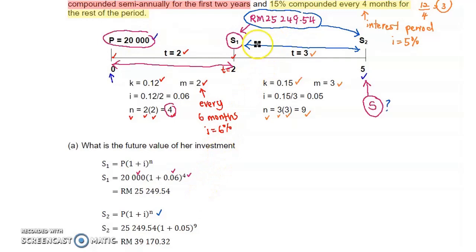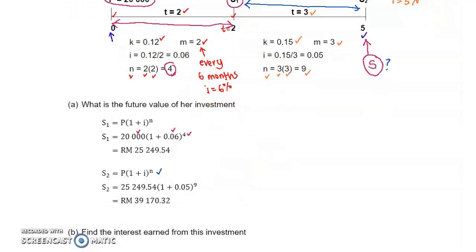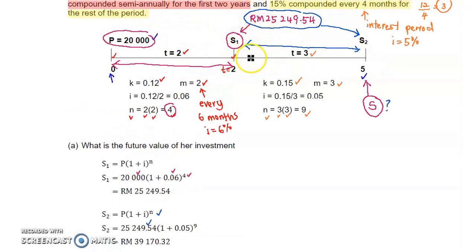So if we keep S1 for another 3 years, use the compound interest formula. P is 25,249.54, the value at the end of 2 years just now, and we keep it for another 3 years. So another 3 years, what is the rate?